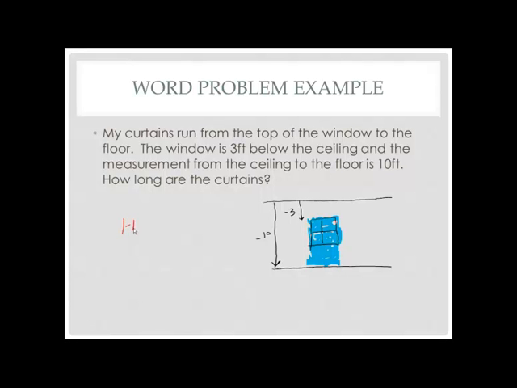So 10 minus 3 will tell us that the length of the curtains would simply be 7 feet. Sometimes drawing the pictures out can help you figure out your answer. You can clearly see that if this is 3 feet here and the whole thing is 10 feet, then the length of the curtains would have to be 7 feet.